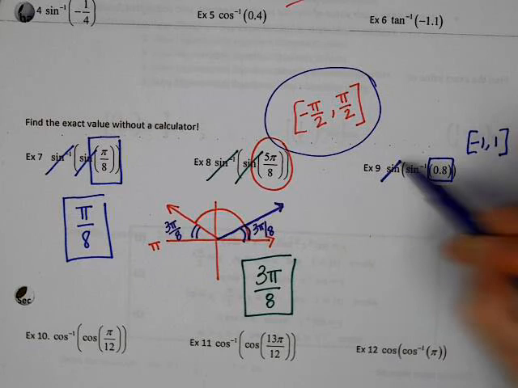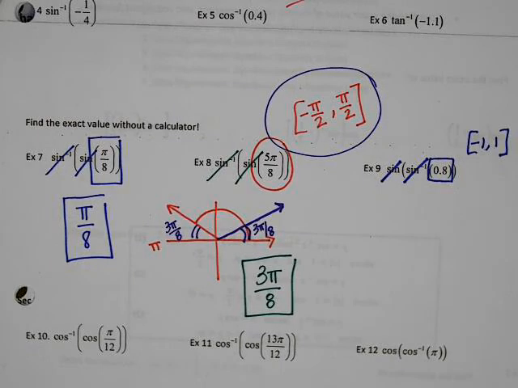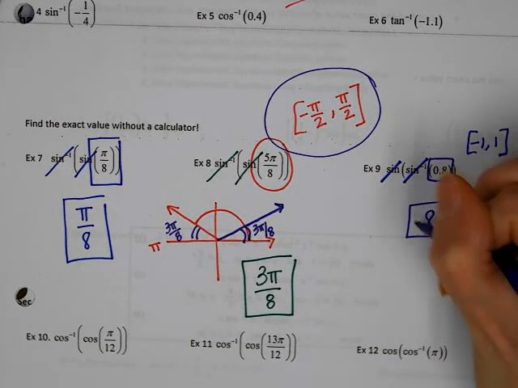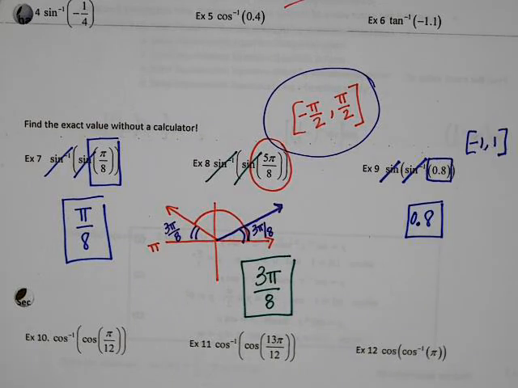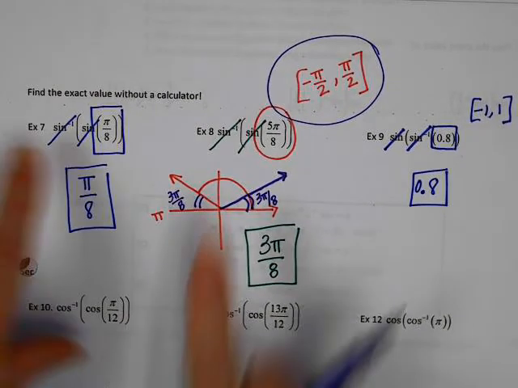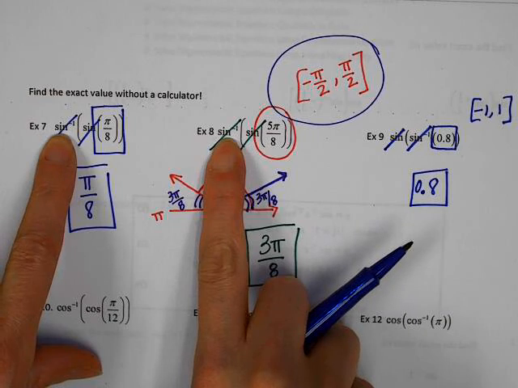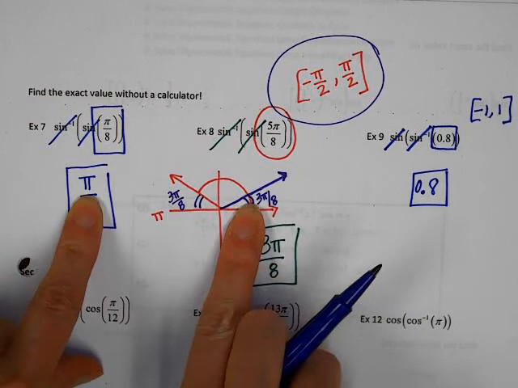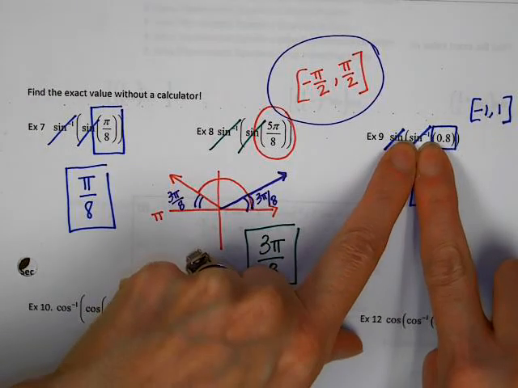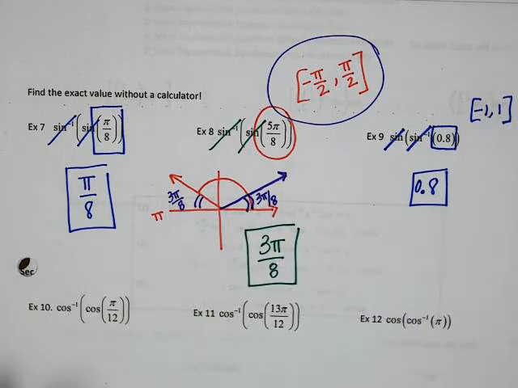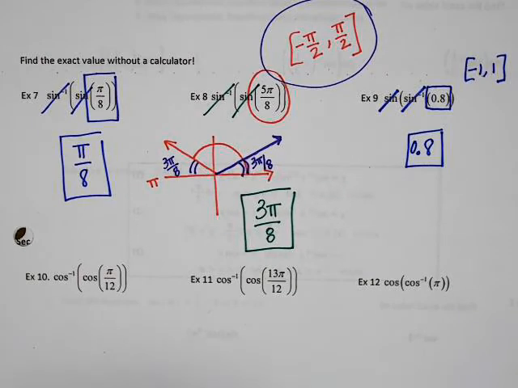If you sine and inverse sine, they cancel. And the answer is just 0.8. Okay, so notice if the inverse is on the outside, you're going to end up with an angle. If the inverse is on the inside, you're going to end up with a ratio of the sides or a decimal.